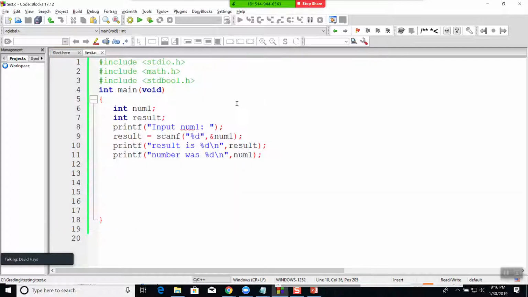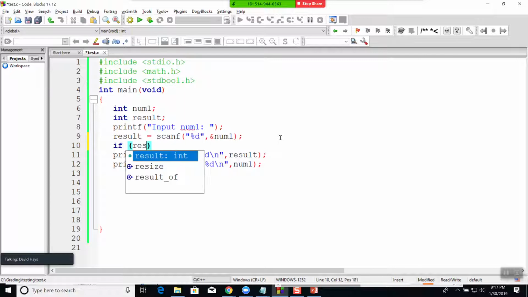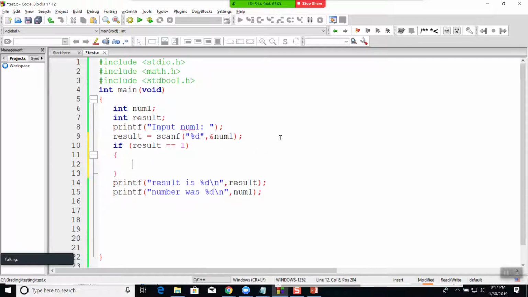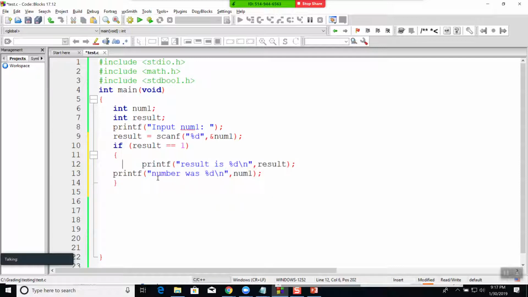And so to prevent them from overloading the system and running a virus or taking control or whatever, I would do an if statement here. Let's say if result is equal to 1, that means it worked. And that's where I would then one more.